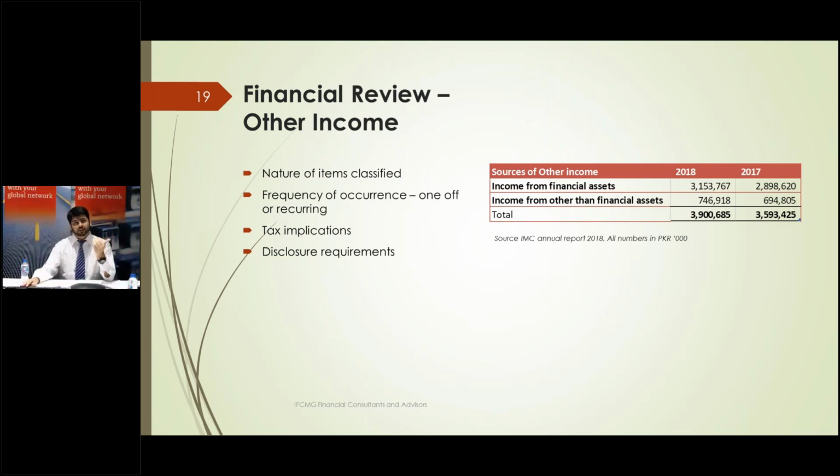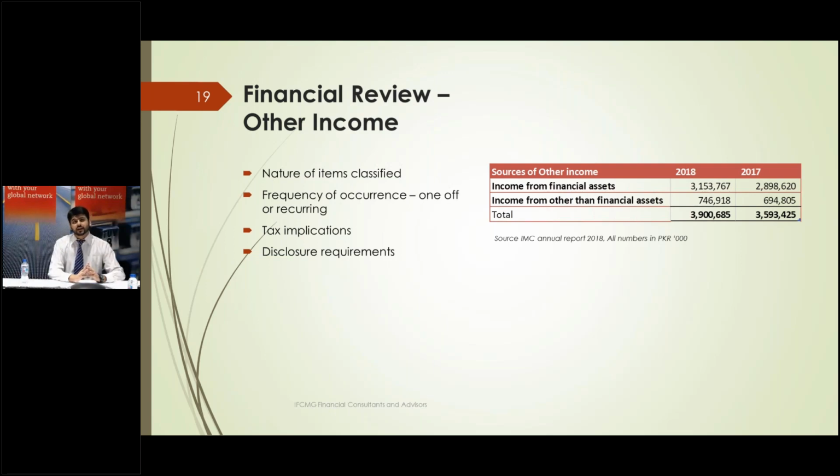And then we have income other than financial assets. The things to consider here are, number one, disclosure requirements, because as per the company's ordinance requirements, the entity needs to review its disclosures: when a line item exceeds a certain percentage of the other income, it has to be disclosed separately as a line item.